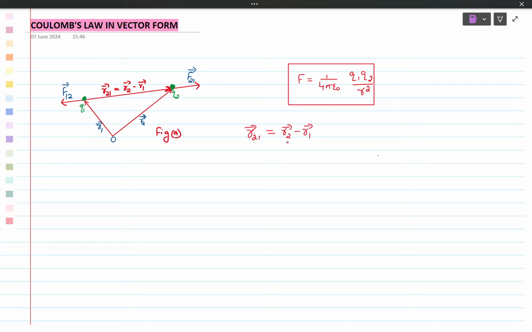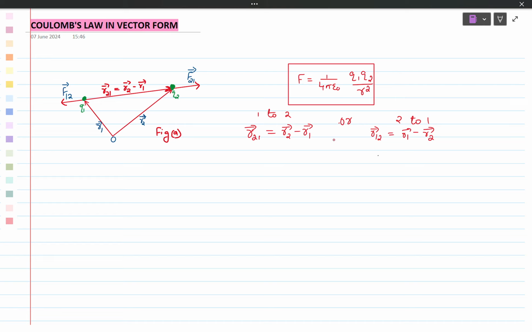r2 is the position vector of q2. r1 is the position vector of q1. Vector r12 means the vector leading from q2 to q1. So we can represent this as vector r1 minus vector r2.